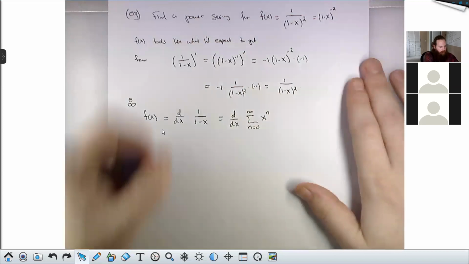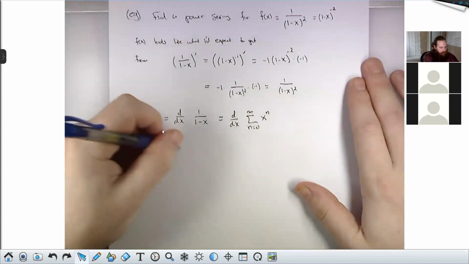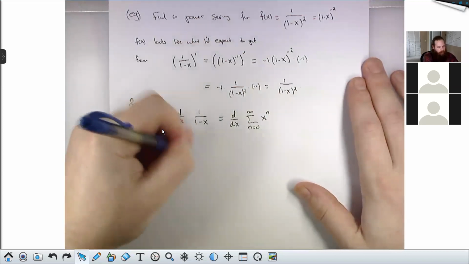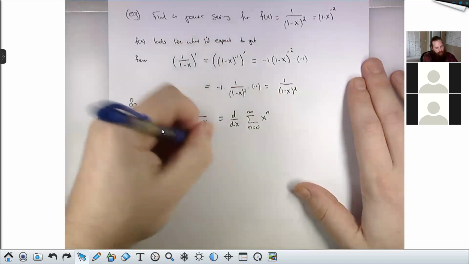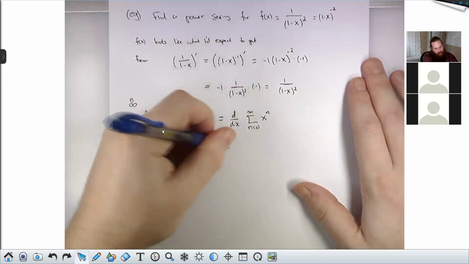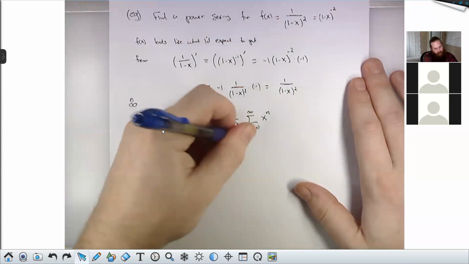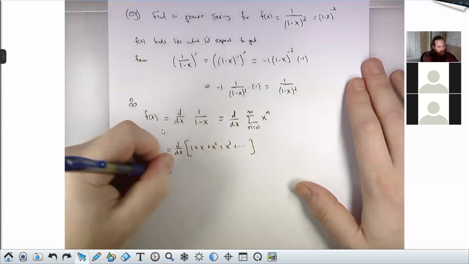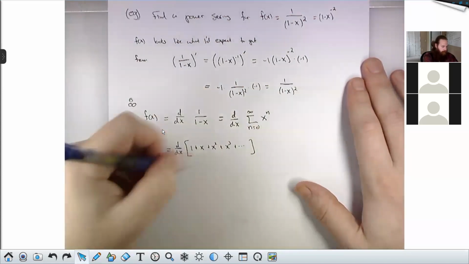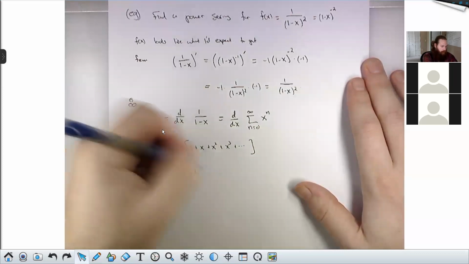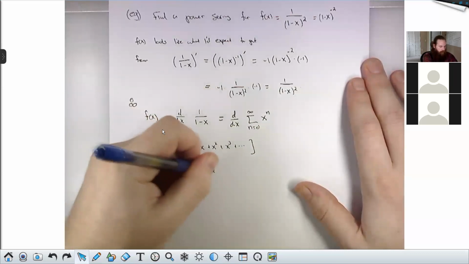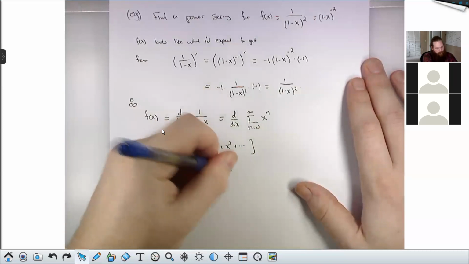So in other words, my goal here is to differentiate the series 1 plus x plus x squared plus x cubed, and so on. The 1 differentiates to 0, the x differentiates to 1, the x squared differentiates to 2x, the x cubed differentiates to 3x squared.